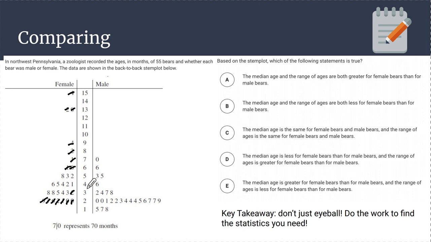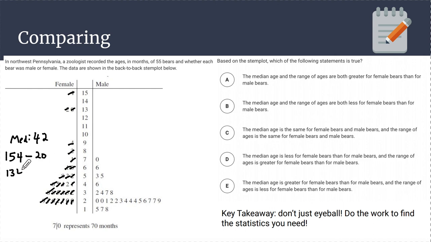We've got to keep going. Another 4. 1, 2, 3, 4. 1, 2, 3, 4 from this side. Looks like we're pretty close. So I need to go 1, 2, 1, 2. It looks like my median over here for females is 42 months. My range would be 154 minus, my smallest one would be 20.